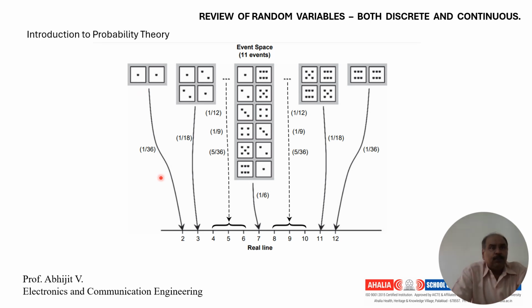And we have mapped this to a real line. The function that takes the input 1 by 36 and maps it to 2 is called the random variable.